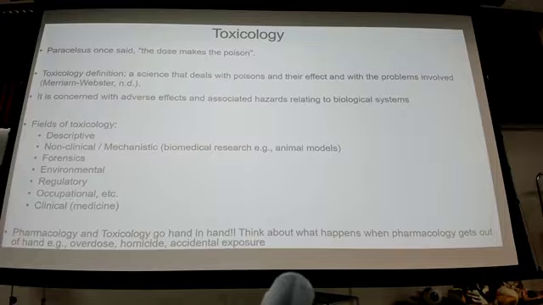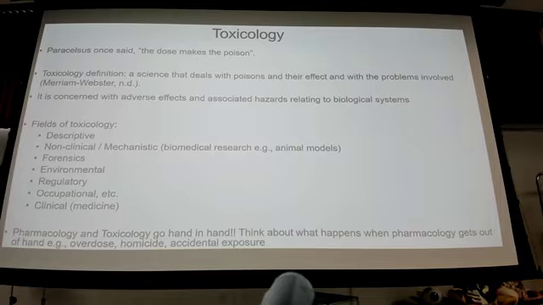So toxicology. Paracelsus said toxicology was the study of poisons, but that definition has been extended, and now basically toxicology is the study of hazardous or adverse effects on biological systems.